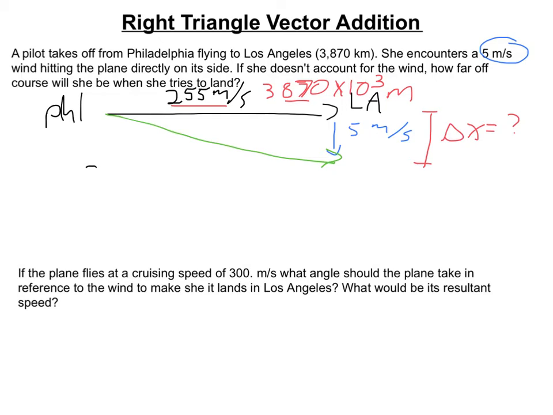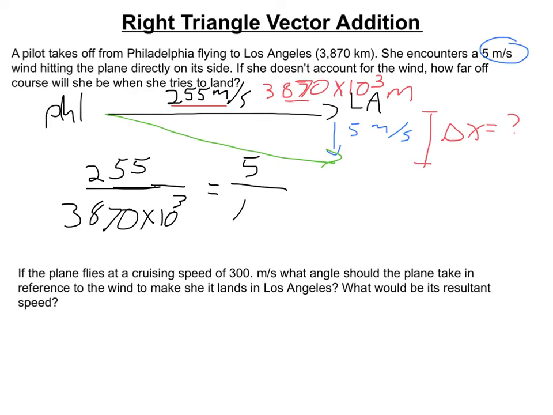Now this is proportions, okay, this is proportions. This we're going to set up 255 is to 3,870 times 10 to the third, and that's in meters, right, is the same as, now I put velocity up on the top, so I need to put velocity on the top again, 5 meters per second to delta x. And now I solve the algebra.